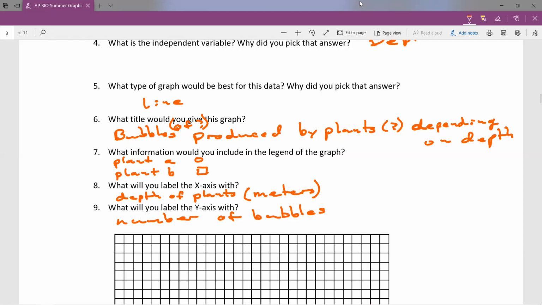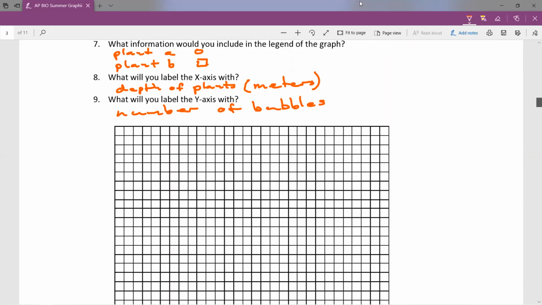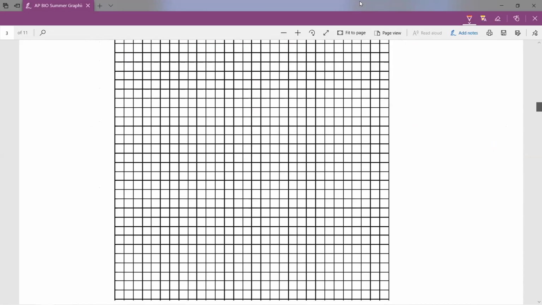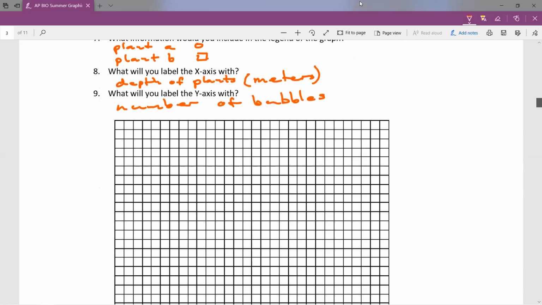There's not like meter bubbles or centimeter bubbles or inch bubbles. Bubbles are just bubbles. So we can add these things now.